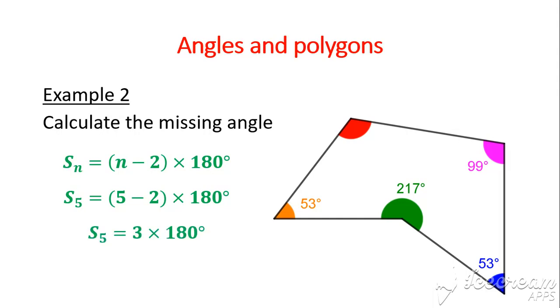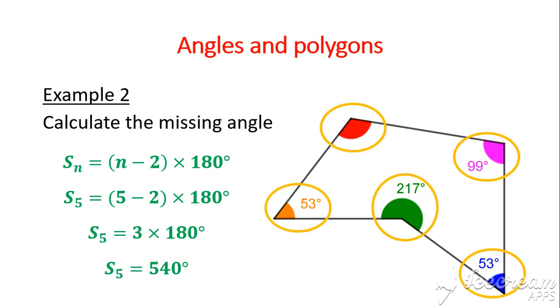Now 5 minus 2 is 3, so we've got 3 times 180. 3 times 180 gives us 540. So all these 5 angles will add up to 540 degrees.